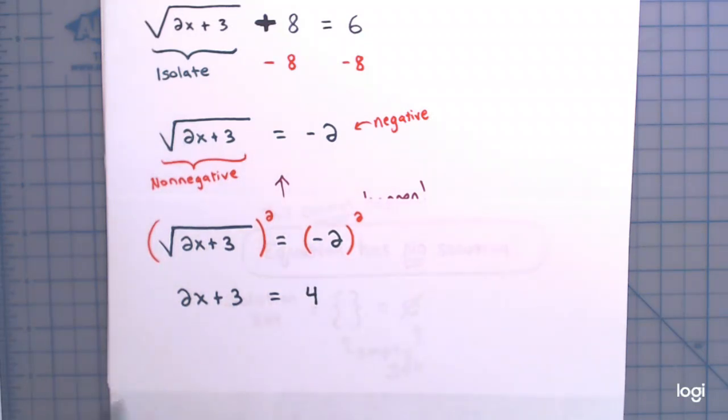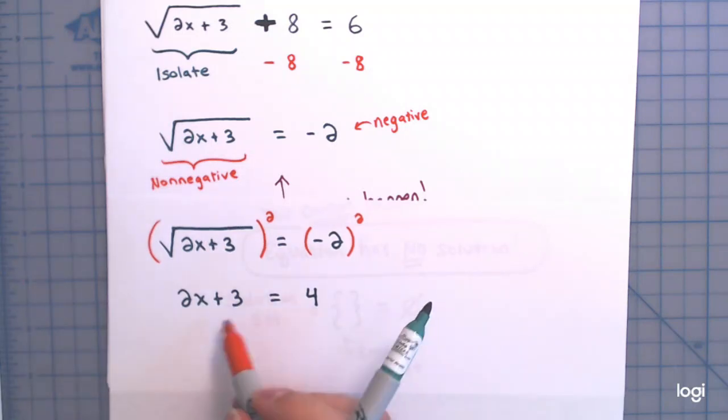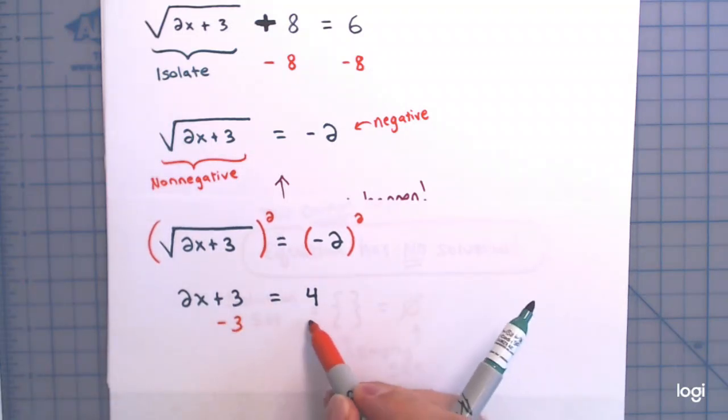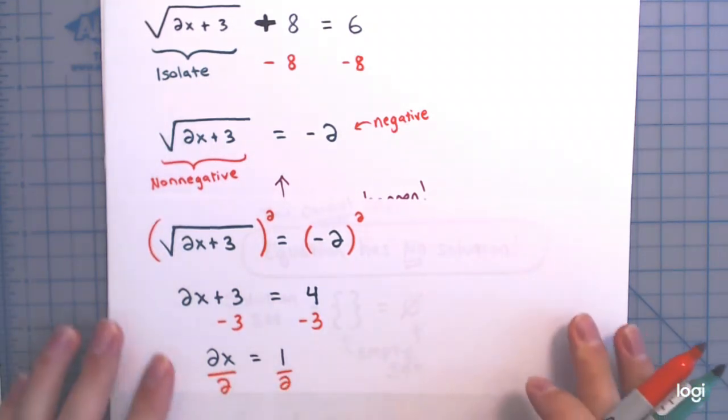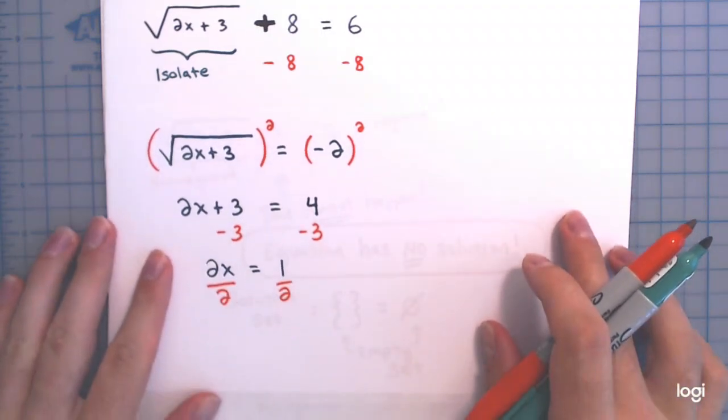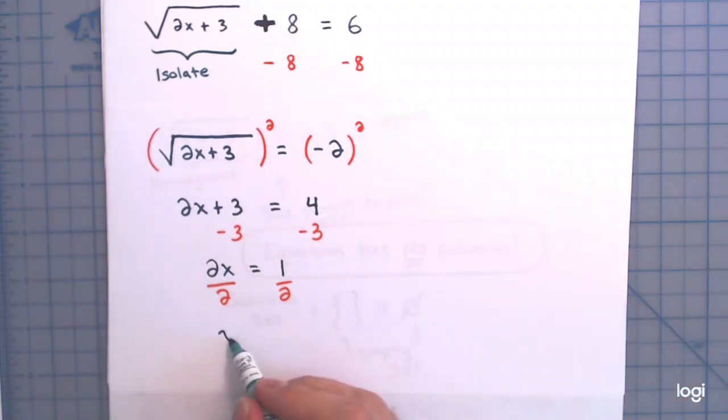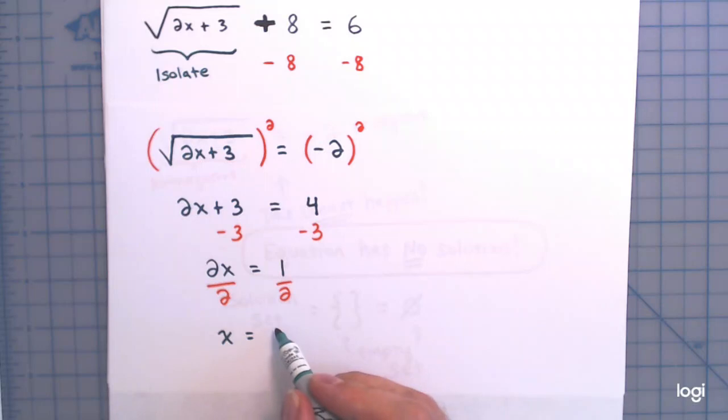And then we solve the resulting equation. I would subtract 3 from both sides, giving me 2x equals 1, and then divide both sides by positive 2, and that would give me x equals 1/2.